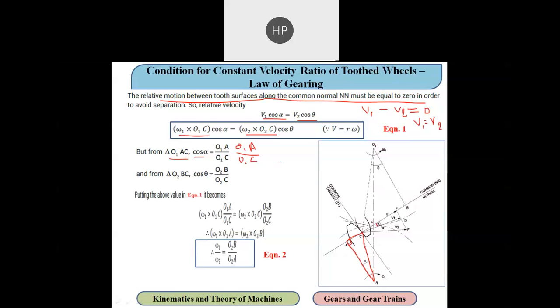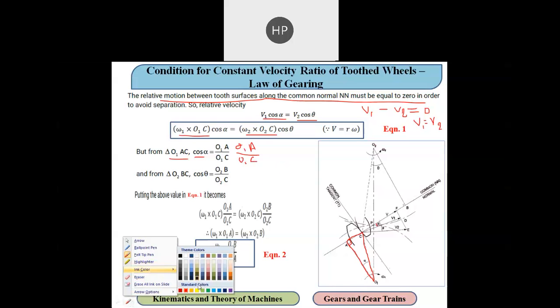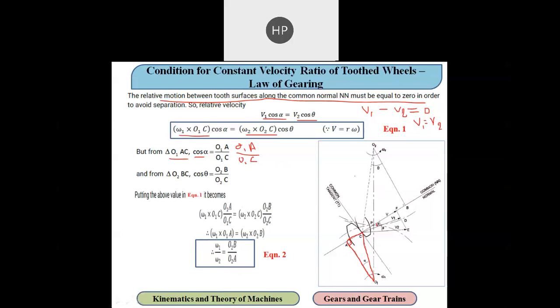Same way, we have another triangle, O2BC. Again, this one is 90 degrees. Using cos theta, where this angle is theta, cos theta is equal to O2B divided by the hypotenuse O2C.